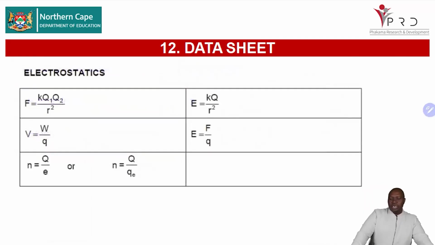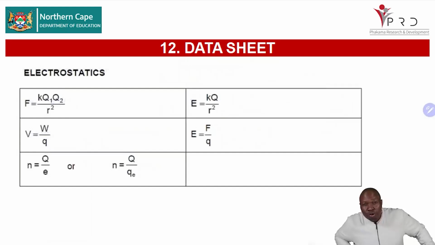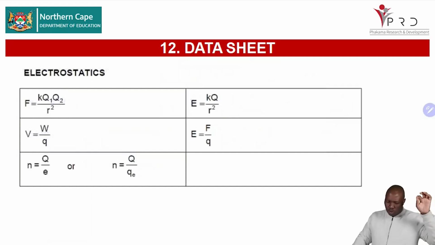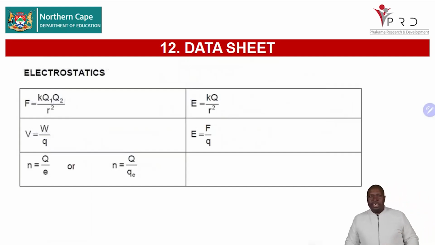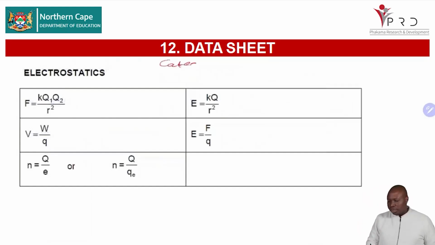But before we do questions, we're always emphasizing the use of a data sheet. You got to know which topic this question belongs to. That is the first point. You deconstruct the question and categorize it.